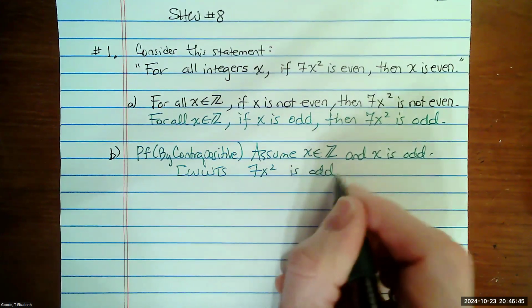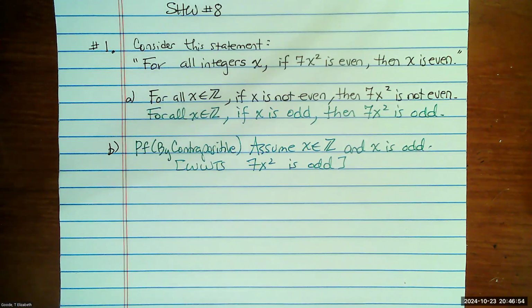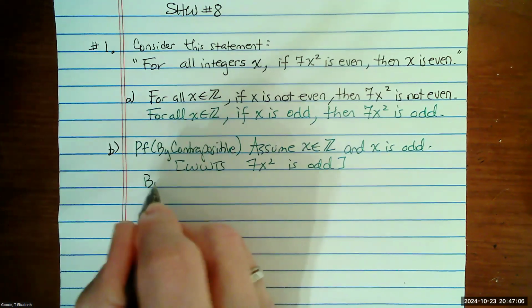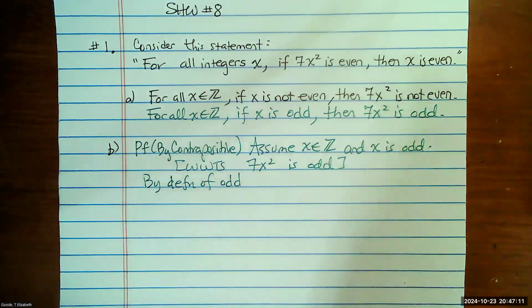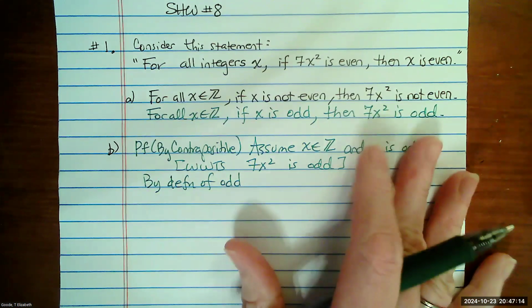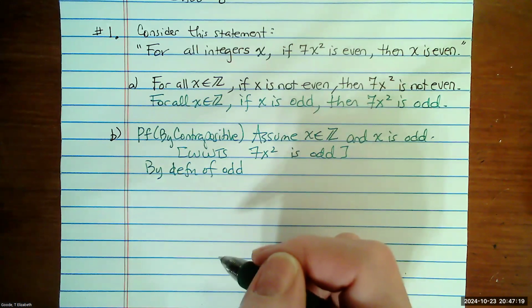Okay. And the definition of odd is x equals 2j plus 1. But for the purposes of this recording, I want us to pick a different integer than j, because I don't want them to copy.